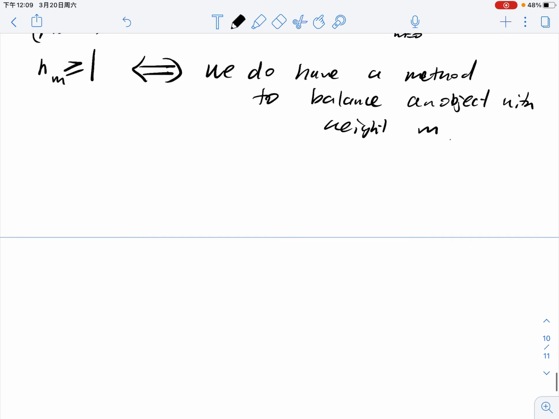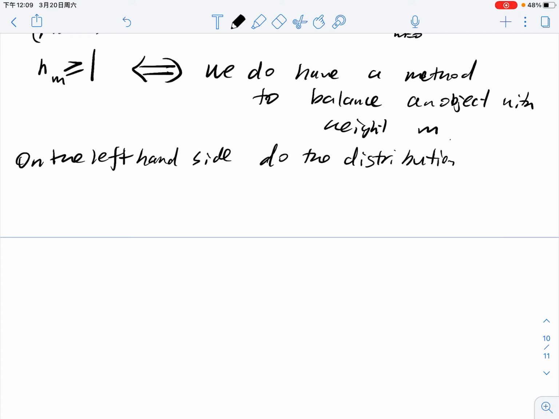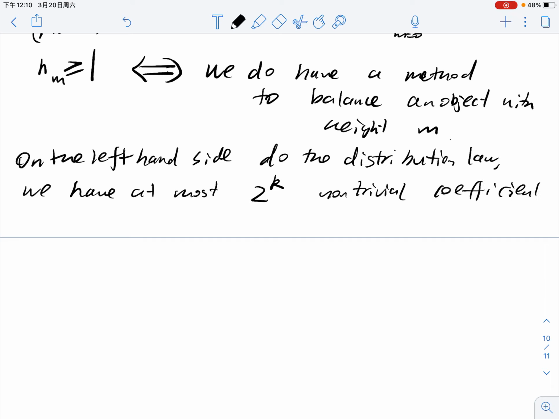Also, note that on the left hand side, due to the distribution law, we have at most 2 to the k's power non-trivial coefficients of x to the m's power.